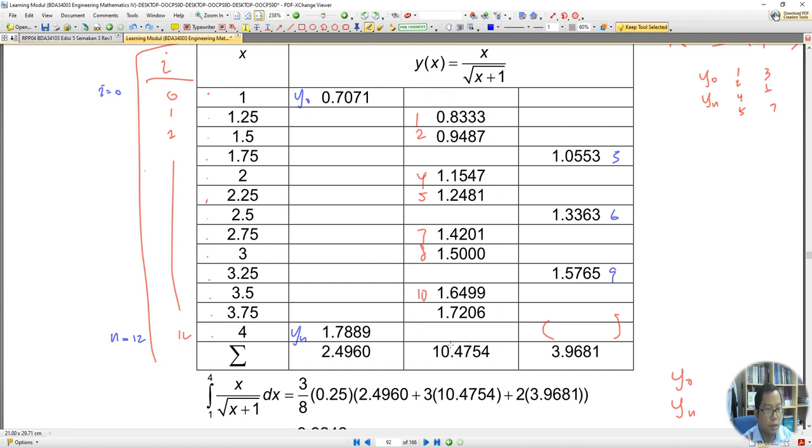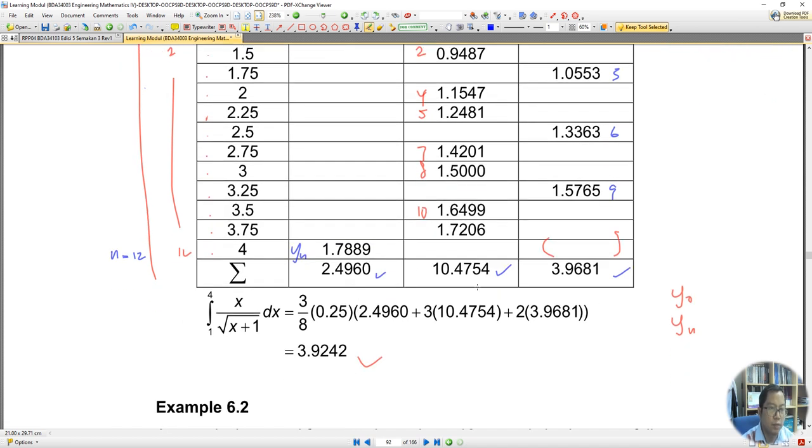So the total is 10.4754, and the total value of the multiples of 3 is 3.9681. And this is the total value of y0 and yn, which is 2.4960.